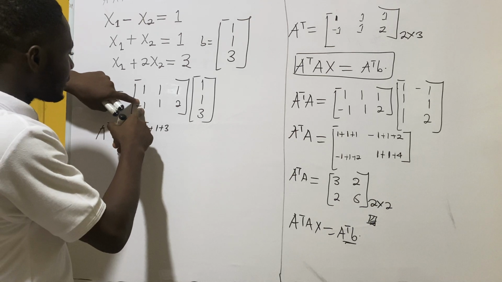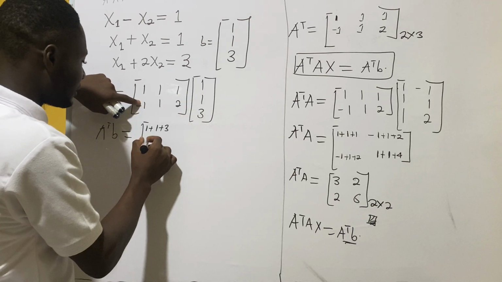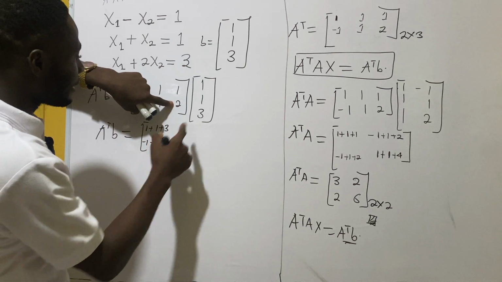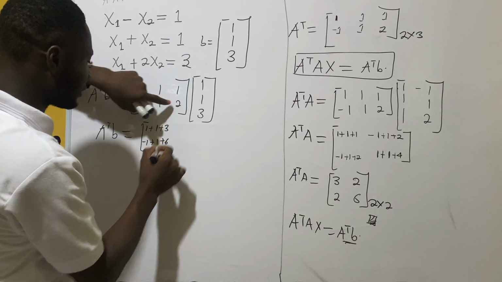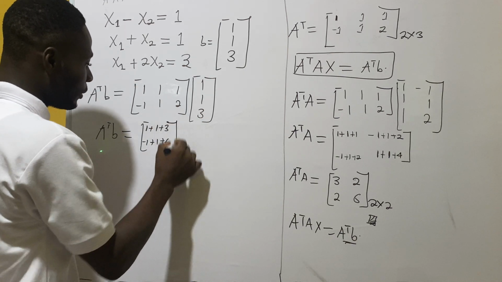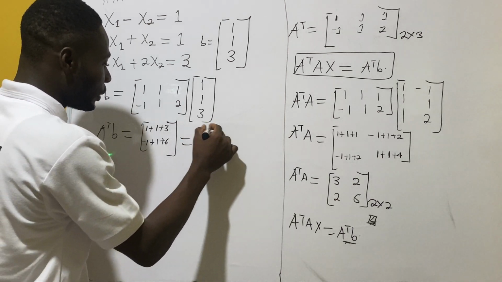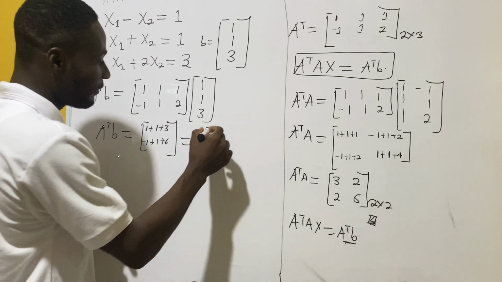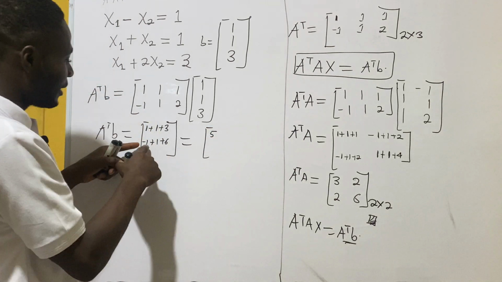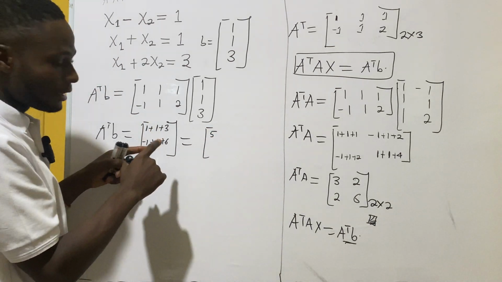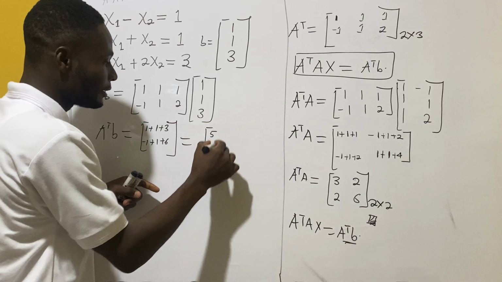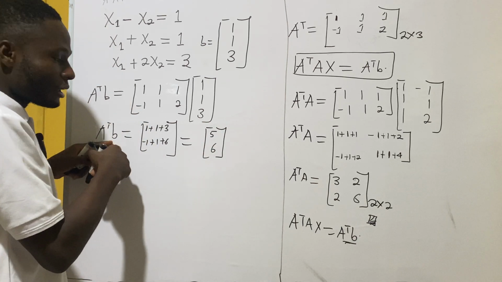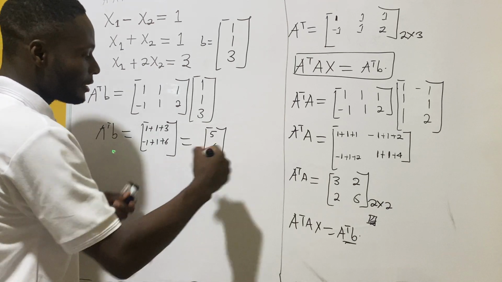Then this times this, we have -1, this times this, we have +1, this times this, we have +6, right? So this yields 1 plus 1, 2 plus 3, and that is 5. -1 plus 1, 0 plus 6, and that is 6. So we have our A transpose times B as this here.